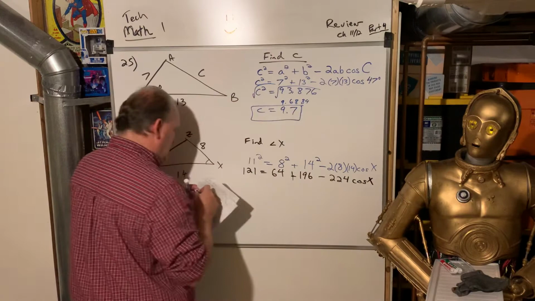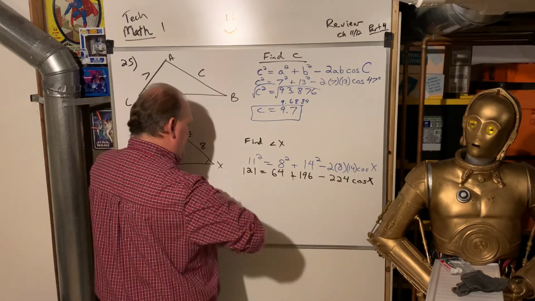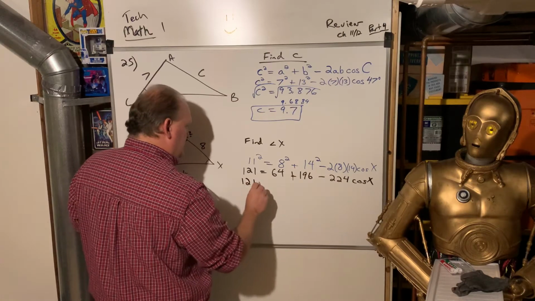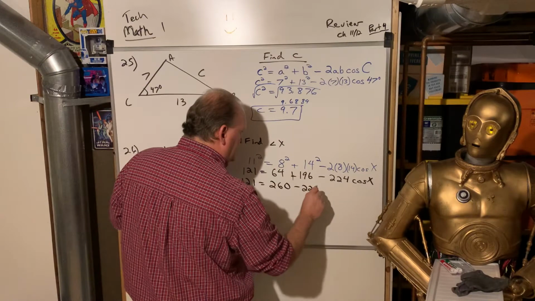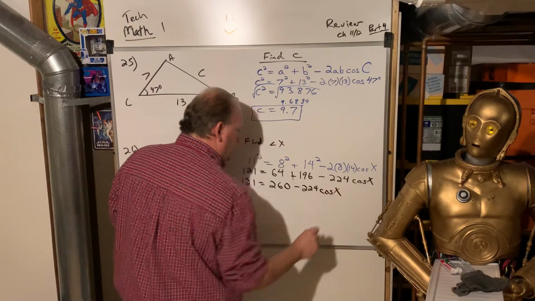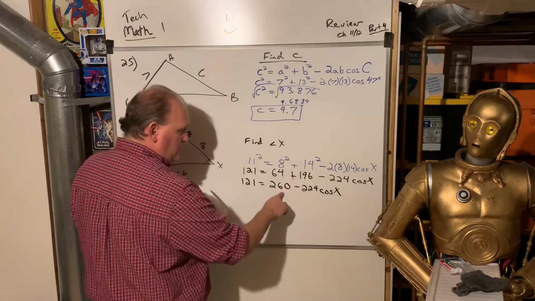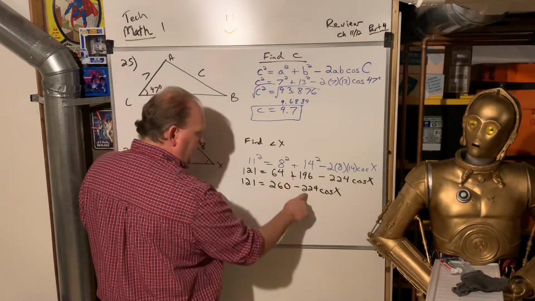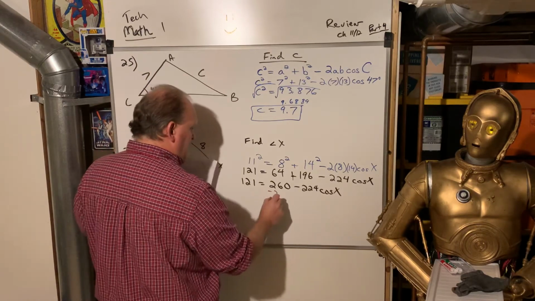Now we can combine those together, I guess, get 260. You have to flex your algebra muscles a little bit to get this one done right. What we're going to do is combine the like terms and isolate the cosine of x. So first subtract 260 from both sides.